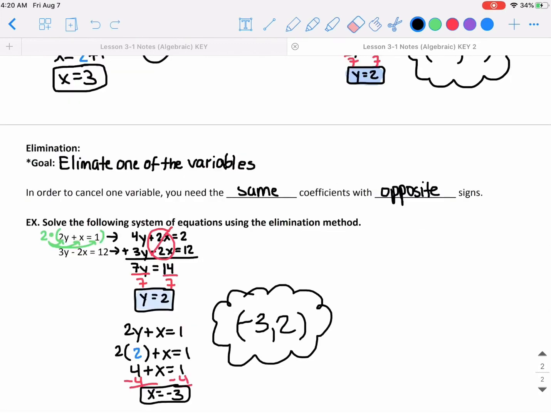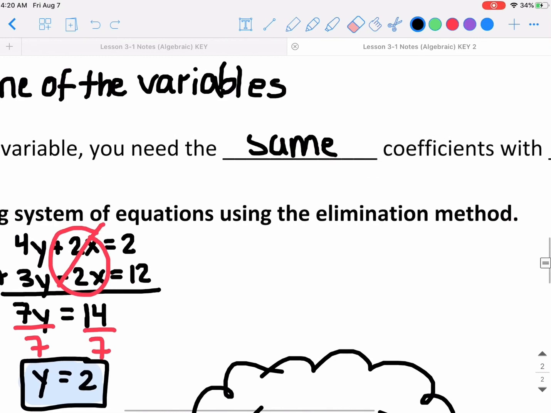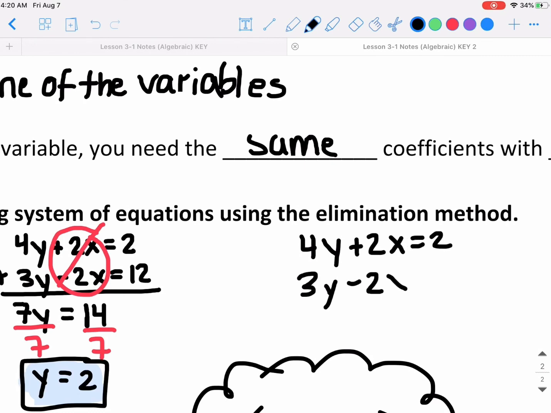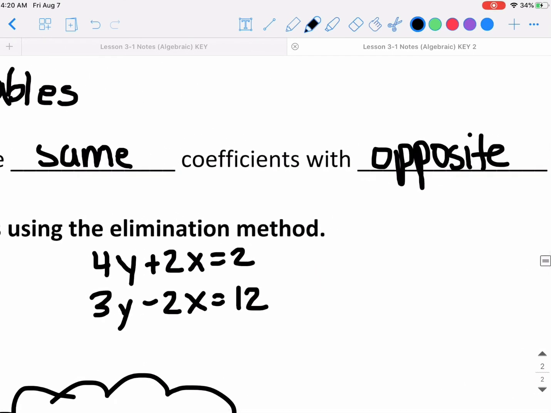In case it's a little confusing because you've never added equations together before, we can look at these two equations again. I have 4y plus 2x is equal to 2, and then I know that 3y minus 2x is equal to 12. So I could say 4y plus 2x is worth 2, and 3y minus 2x is worth 12.